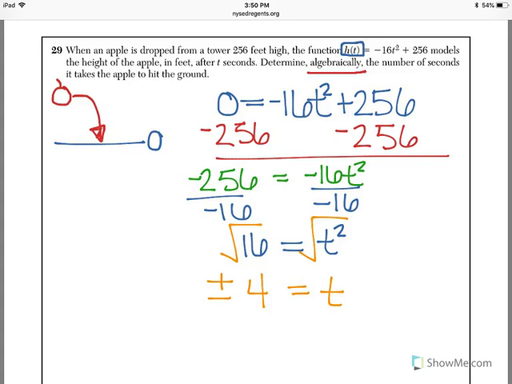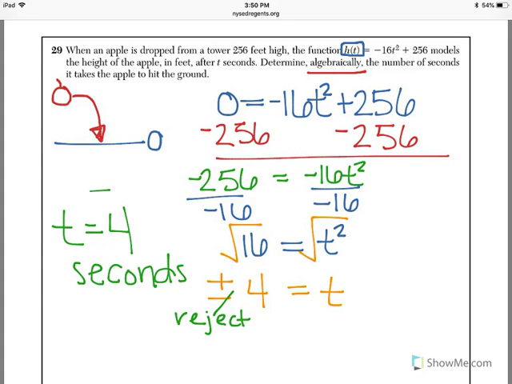But I'm only going to keep the positive version. So I'm going to reject the answer that is negative because I can't have a negative amount of seconds that it will take the apple to hit the ground. So what I have here is my time is actually going to be 4 seconds. It's going to take the apple 4 seconds to fall and hit the ground.